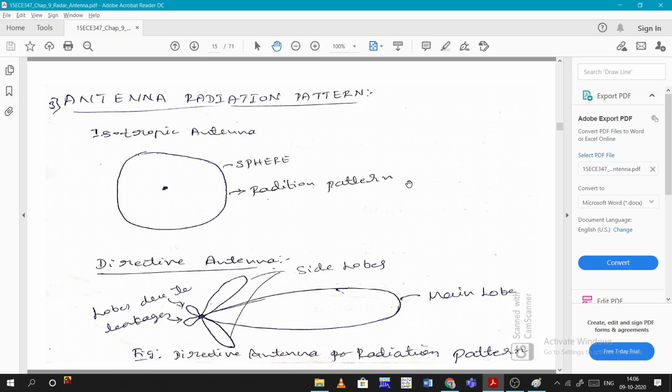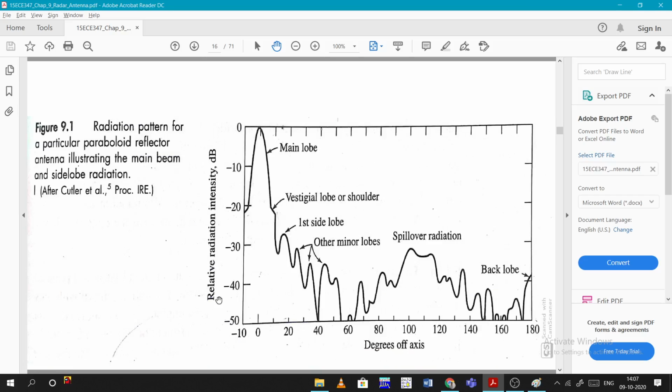Now coming to the third point, that is antenna radiation pattern. When it is an isotropic antenna, we get a perfect spherical radiation pattern, but when it comes to a directional antenna, it will have some lobes, where one is the main lobe and others are side lobes, and there are some more smaller lobes which are present due to leakage. When you observe with respect to the degree axis and the relative radiation intensity, this is how it will look.